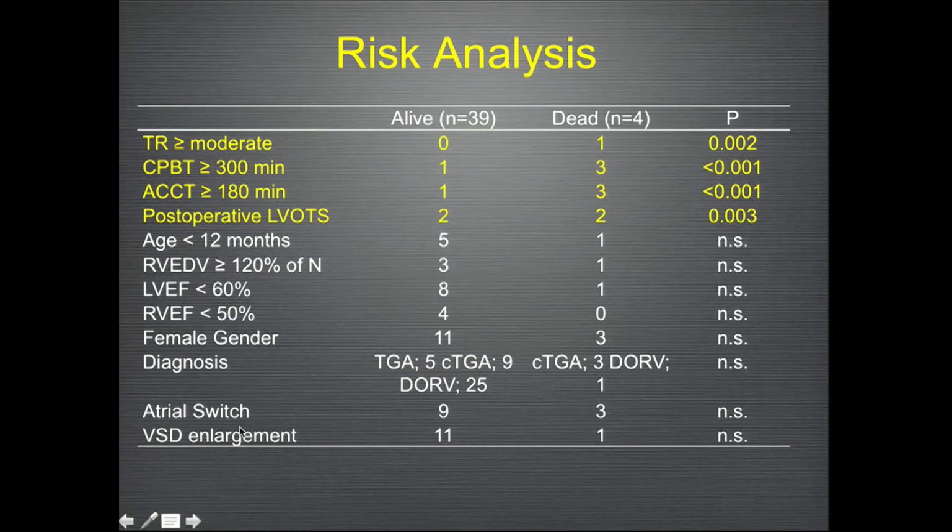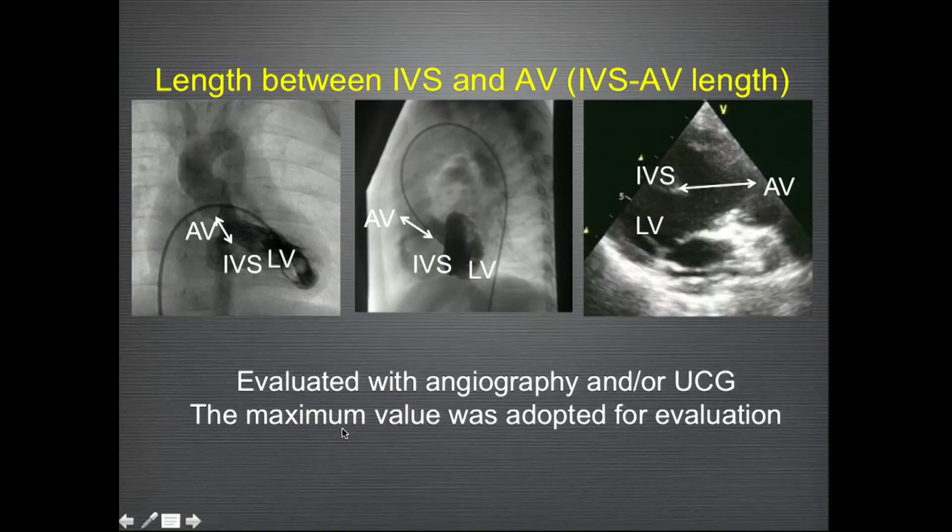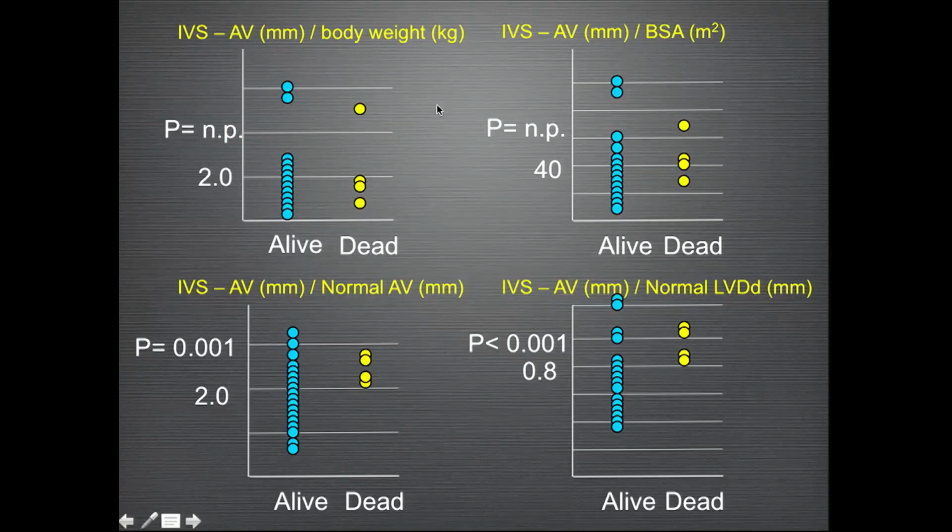Difficult arterial switch operation with pulmonary VSD was not a risk factor. And if the left ventricular outflow enlargement, like a VSD enlargement, is not a risk factor either. And the length between the IVS and the aortic valve. If we measured this size, left ventricle to aorta, some big distance carries some risk of left ventricular outflow tract obstruction.